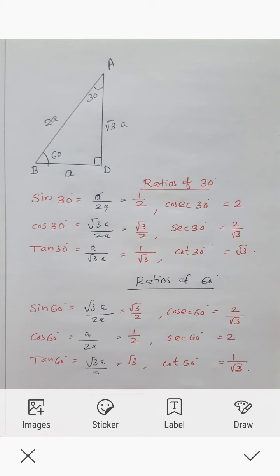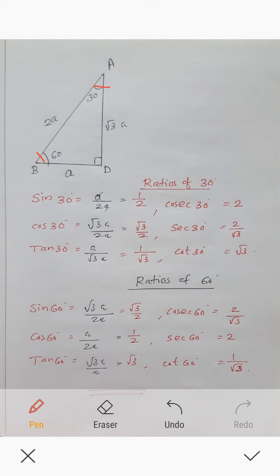In right triangle ADC, angle B is 60 degree and angle A is 30 degree. So for finding the trigonometric ratios of 30 degree and 60 degree, for both of the angles, we can refer to this triangle.